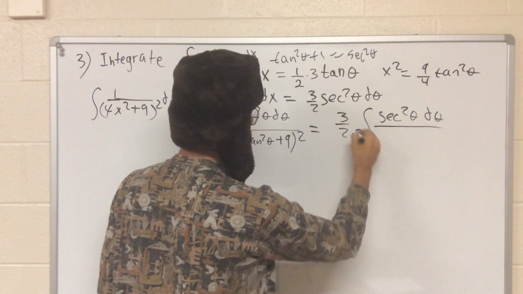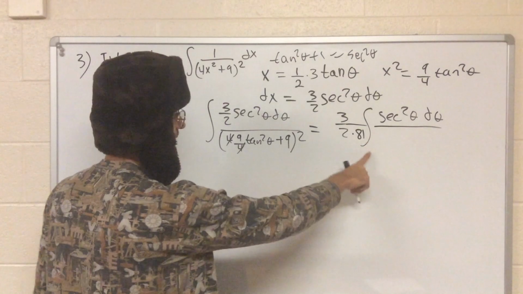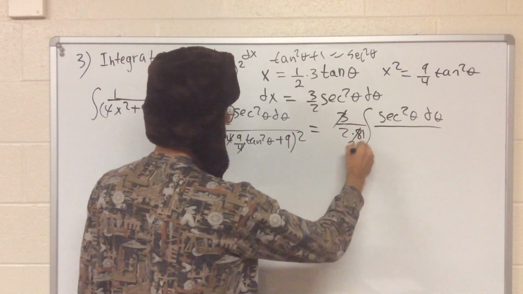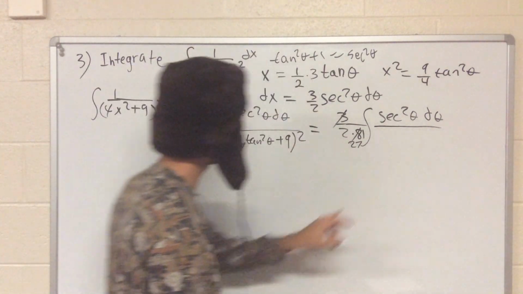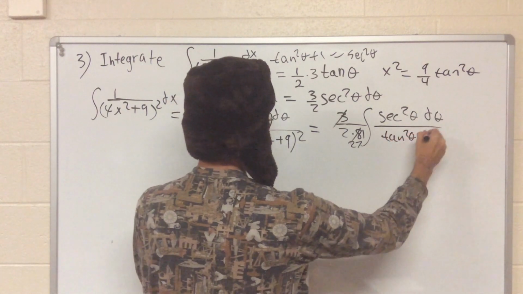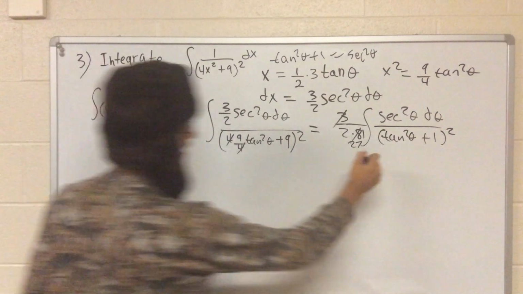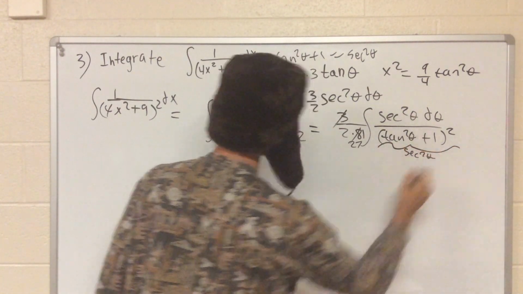Don't forget about the square, that will be 81. So we can bring it outside of the integral, so it's 81 times 2 over here. But you know that 81 divided by 3 is 27, so we can cancel that out. So it's 27 times 2, which is 54. So we have tangent squared theta plus 1 squared. That's what we have left. And so if we use the identity, this thing over here will just be secant squared theta.